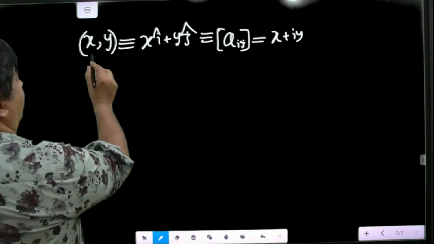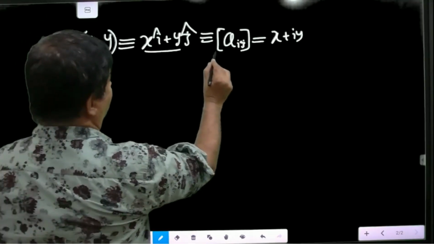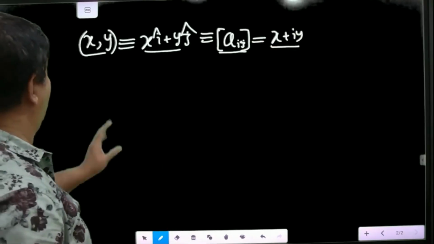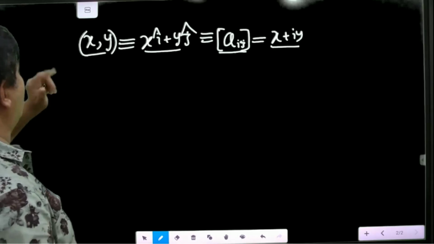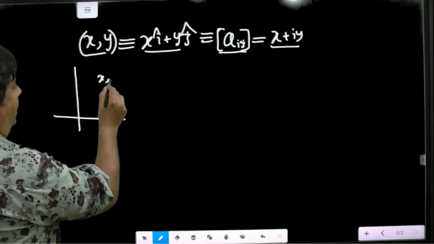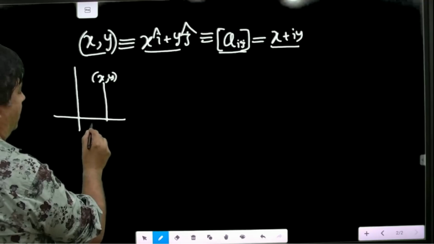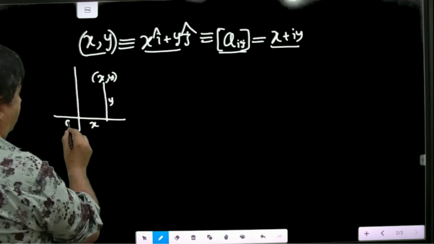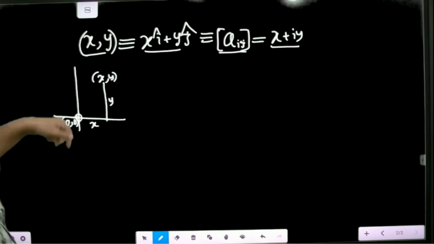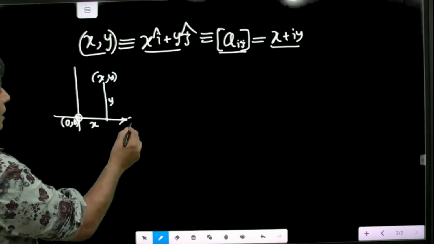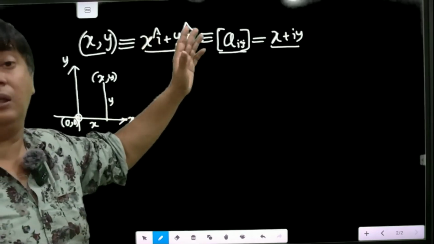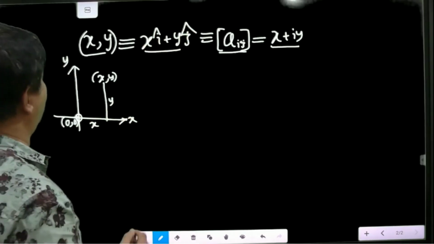So coordinate, vector, matrix, complex number, superset of all set. Now, in coordinate geometry, any point is measured with respect to origin, means the point which is the junction of x and y axis. But the same thing will be done in case of vector.